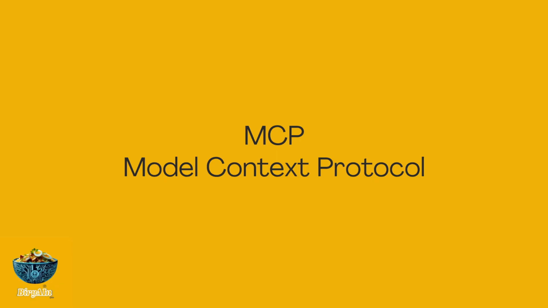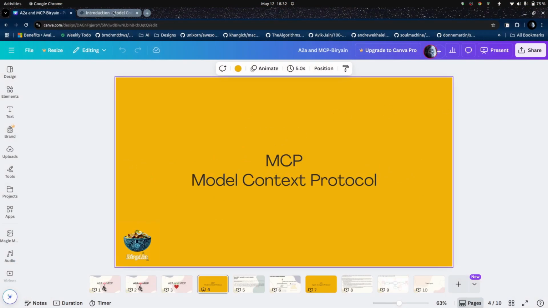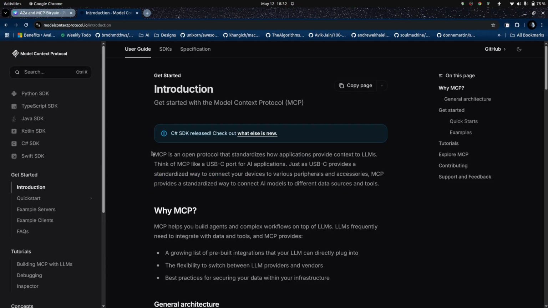It's a protocol currently in boom and it's sketched by the engineers at Anthropic. Let us visit the official docs. By definition, MCP is an open protocol that standardizes how applications provide context to LLMs. Think of MCP like a USB-C port for AI applications.